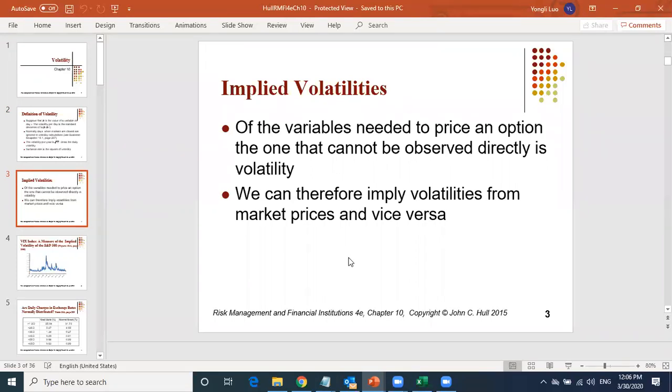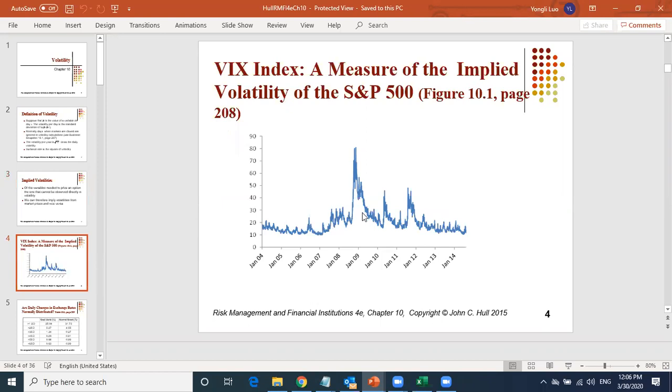Okay. So recently you can see in the stock market, we measure that implied volatility. You can see it has a big spread. This is the graph showing the VIX index. The VIX index is sometimes called a fear index, to measure people's panic in the financial market.